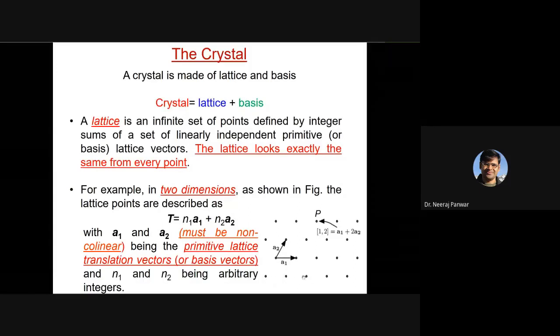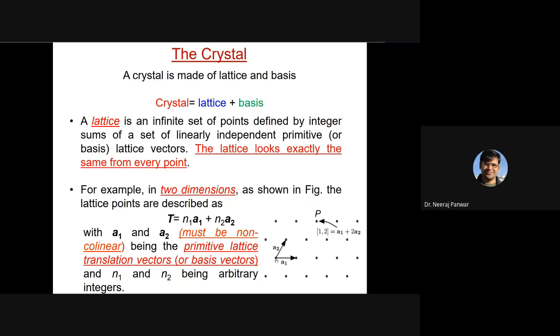We have these points which have a periodic arrangement, and this is a two-dimensional picture, where these lattice points can be described by a translation vector denoted by T, that is equal to N1 times A1 plus N2 times A2, where A1 and A2 must be non-collinear, because we are talking about a two-dimensional case, meaning they should not be along the same direction.